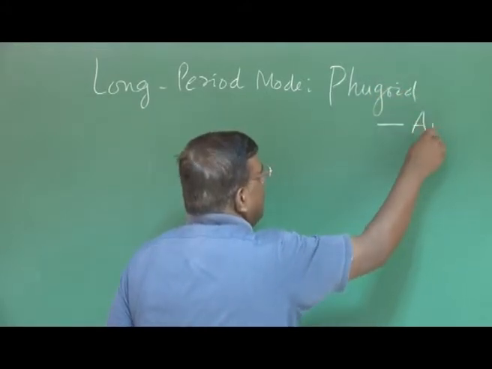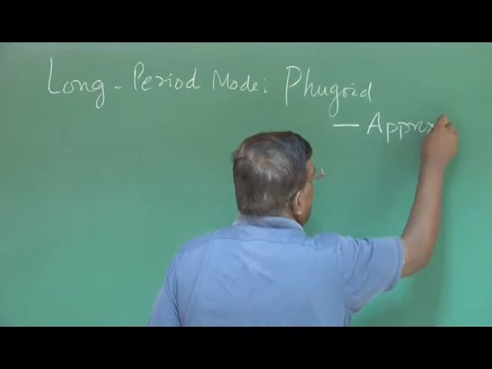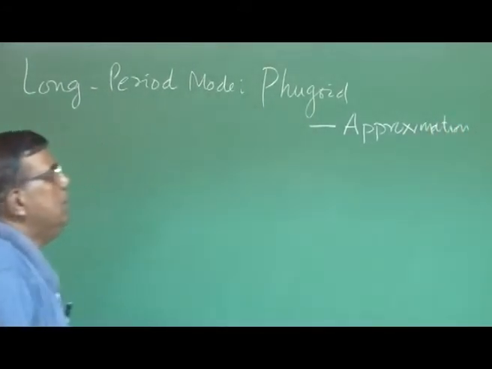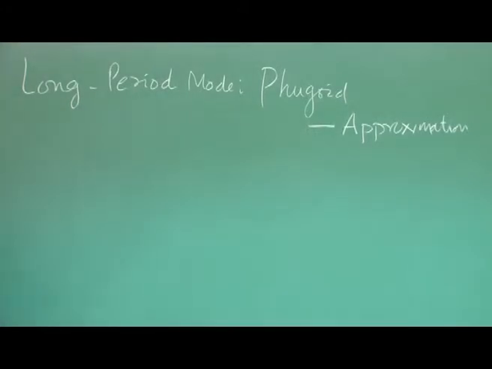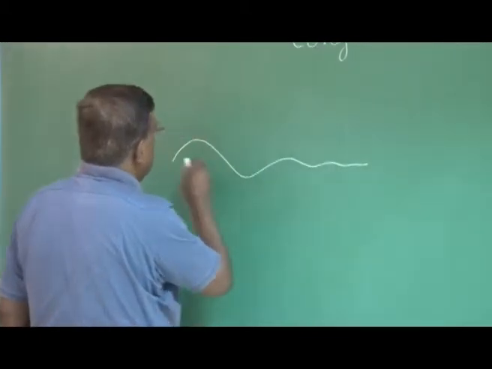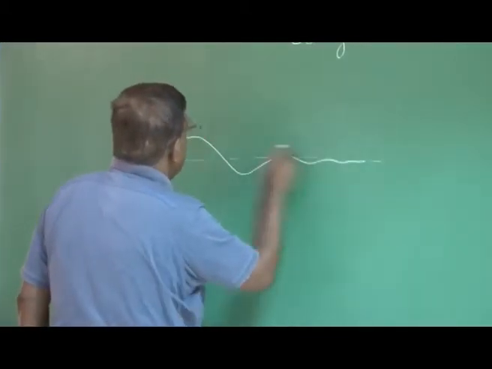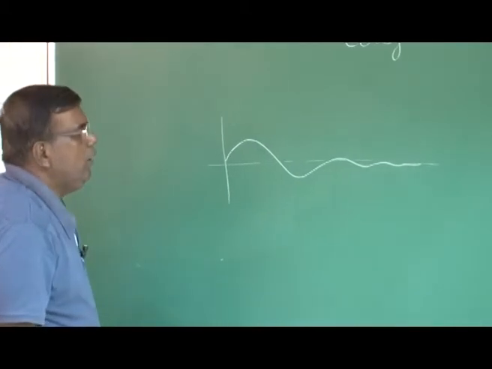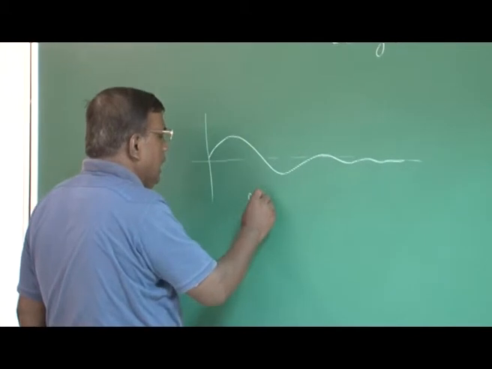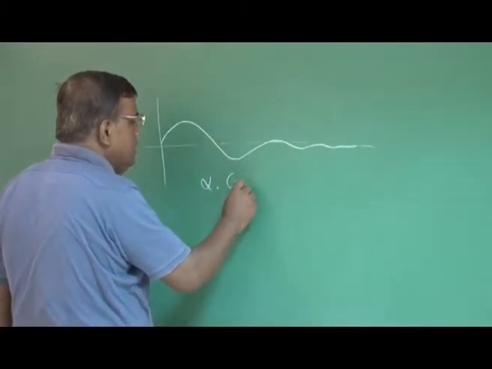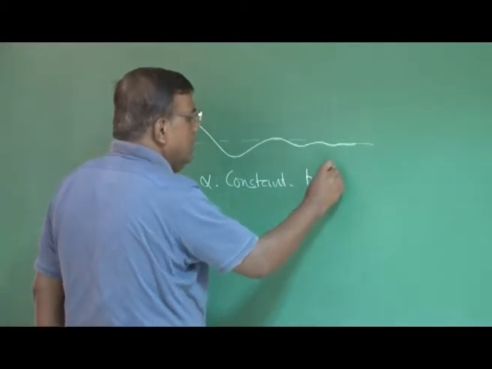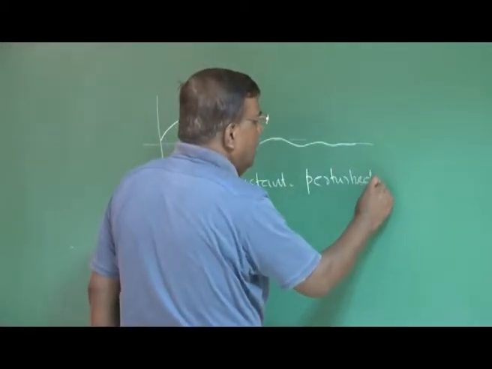Again, the keyword is approximation. In the long period mode, it is something like this. It gets excited like this and then comes back to equilibrium. It is not a very good, but okay approximation if we assume the alpha remains constant. That means perturbed alpha is 0.